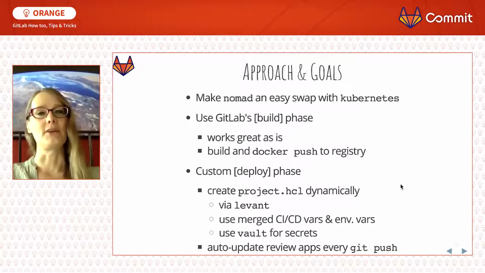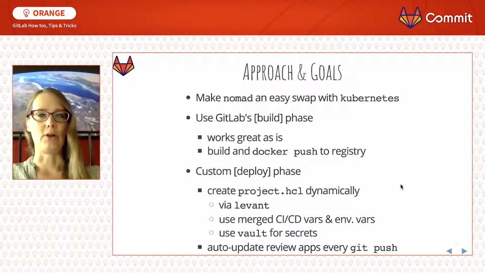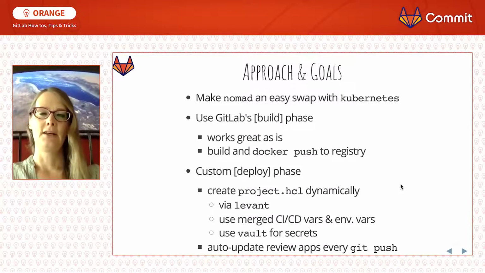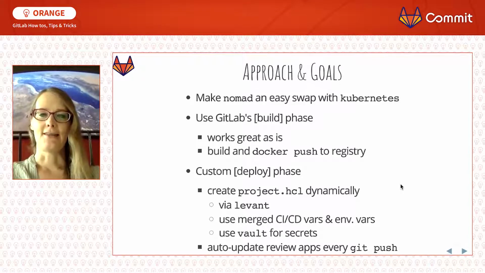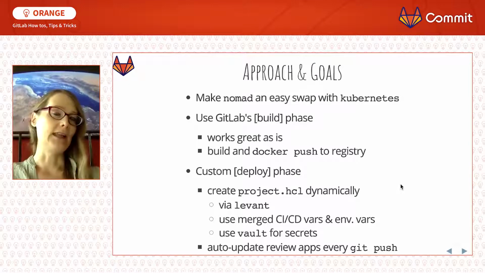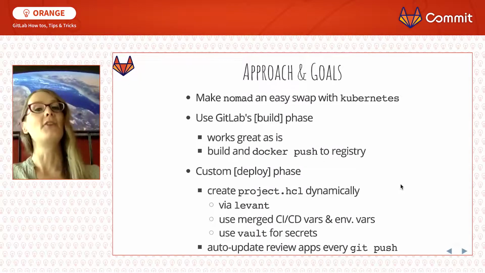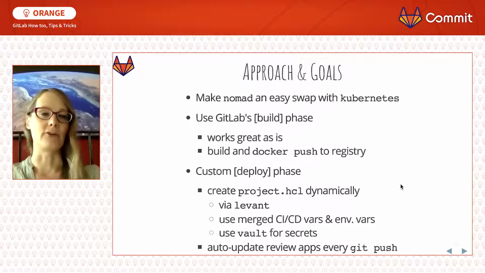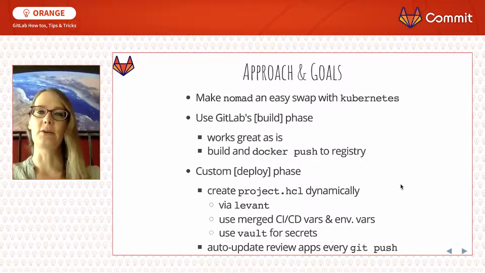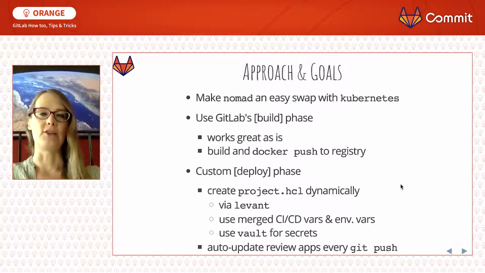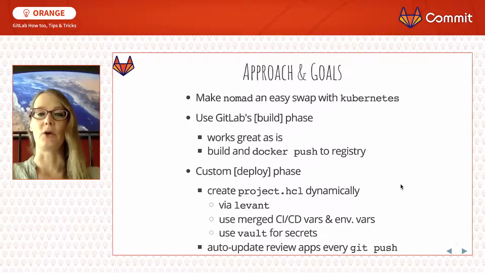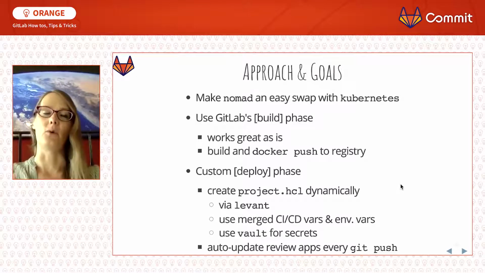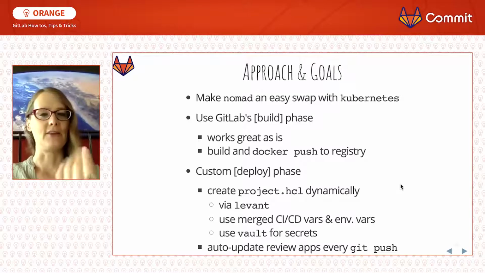So we're going to use something called Levant, which is a simple ability to swap out variables and do some basic if-else kind of logic. And we're going to merge the normal GitLab CI/CD variables with any other environment variables and anything from Vault that came in as secrets as variables. And then we can merge all of those together with this project HCL template, which we're going to go over. And that just makes a project HCL for your deployment, and then it just goes ahead and deploys.